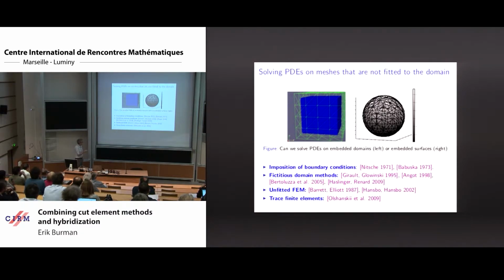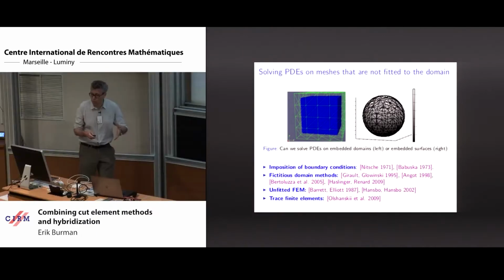And then, in parallel, unfitted finite element methods were developed in the work, for instance, by Barrett and Elliott, drawing on the work by Babuska, and then Hansbo and Hansbo drawing on the work by Nitsche. And the trace finite element case was introduced and analyzed by Olshanskii, Reusken and Grande in 2009. So these two are like the basic workhorses here.